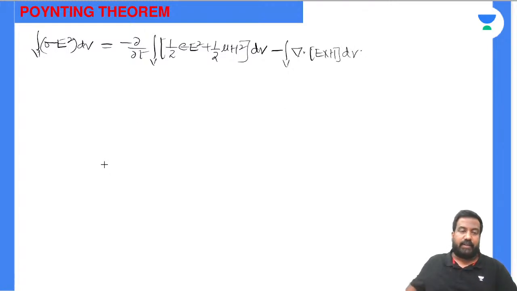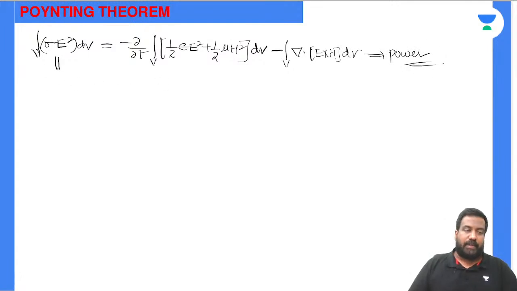Electric field, correct. So if you see here, each term here represents power. If you drop the analogy, what does it represent here? This is power dissipated. Yeah, please let me know.